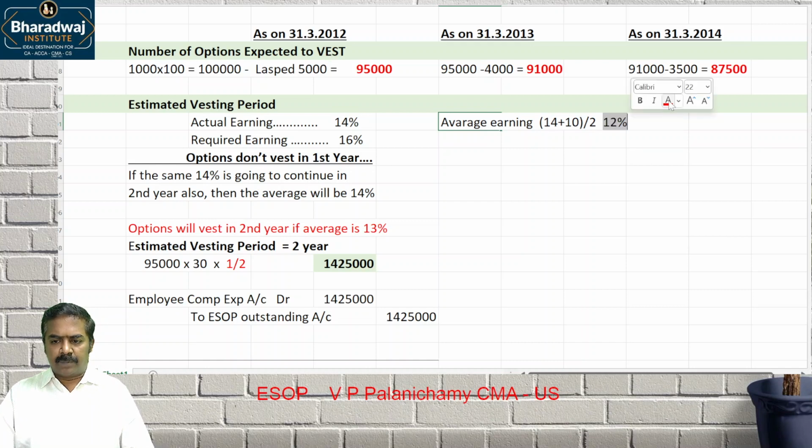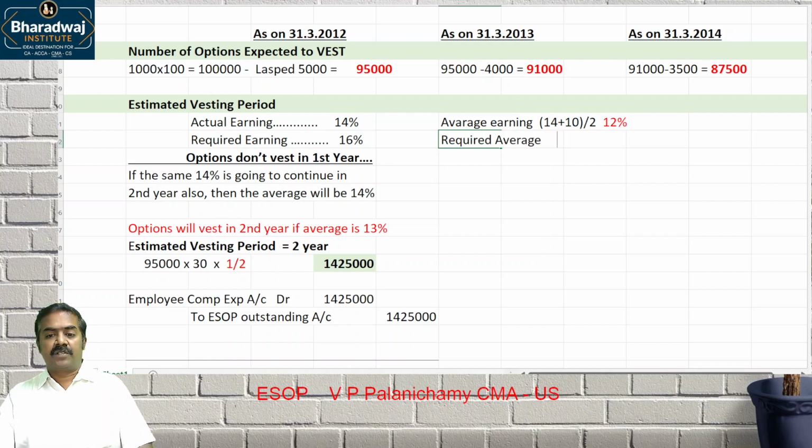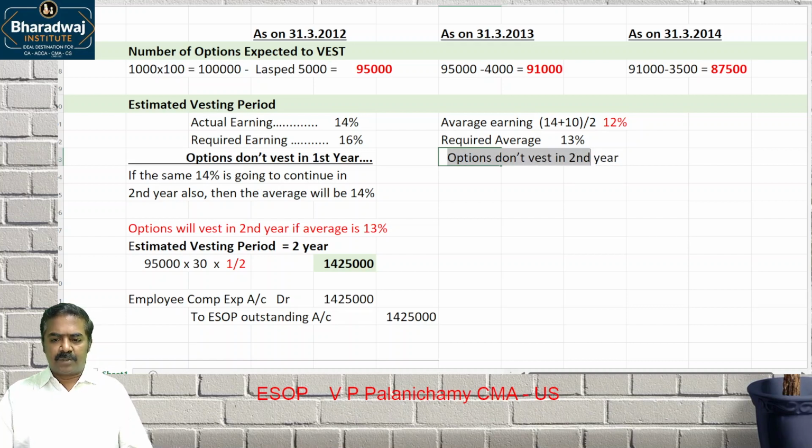It is only 12%. But the required average is what percentage? 13%. So options do not vest in the second year.